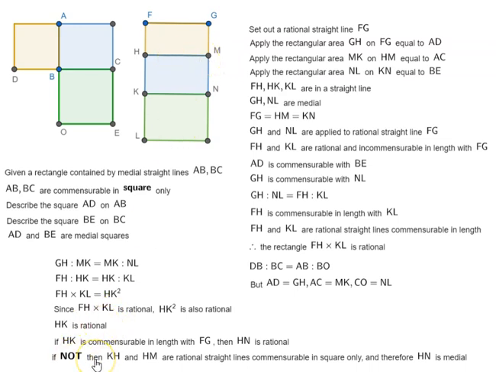If they are not commensurable, then KH and HM are rational straight lines commensurable in square only, which means HN is medial. That is the definition of a medial. Finally, since HN is equal to AC, AC is either rational or medial.